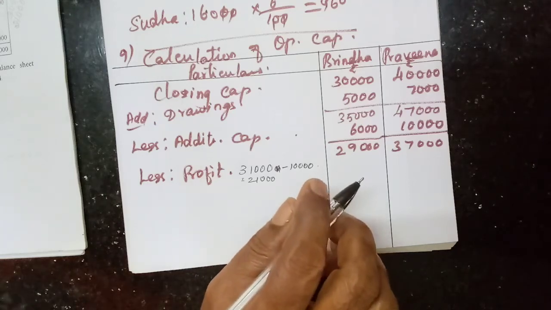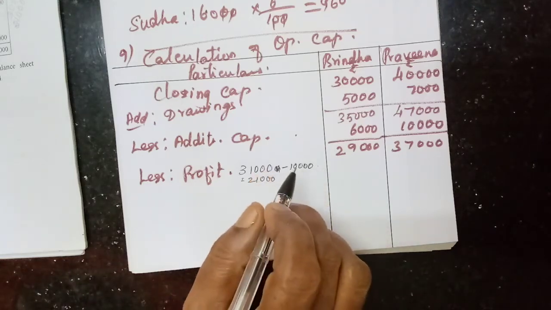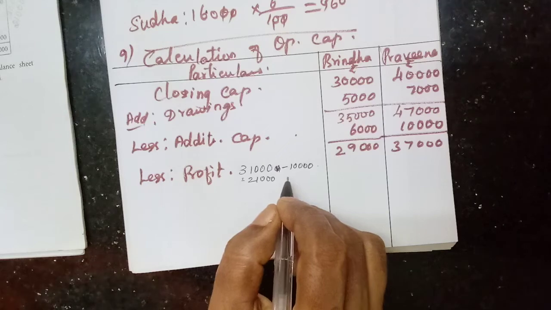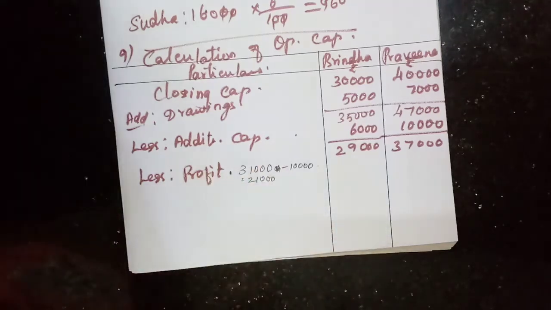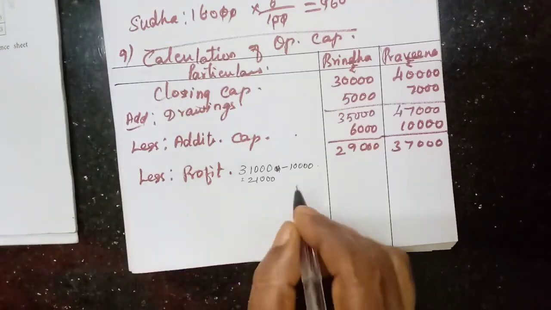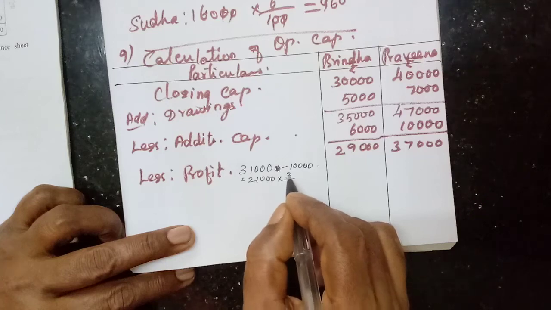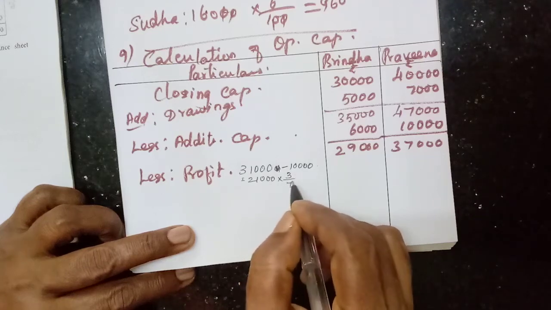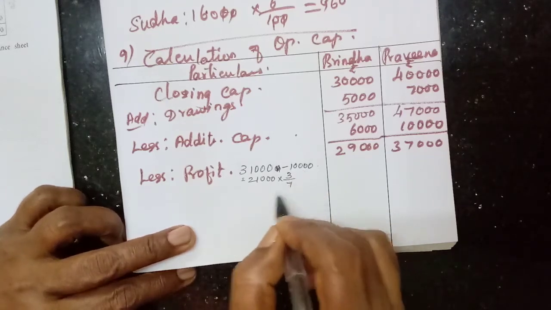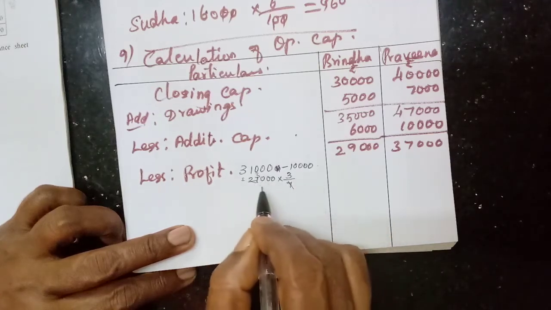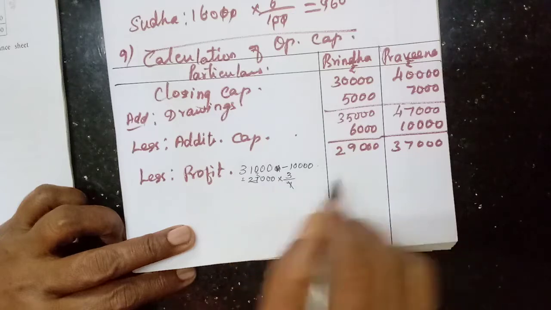Okay. This profit earned should be distributed in their profit sharing ratio. What is the profit sharing ratio? In the previous page given 3:4. Okay, into 3:4 means 3, then 3 plus 4, 7. Isn't it? We need to calculate. 7 1s are 7, 7 3s are 21. 3,000 into 3, 9,000.